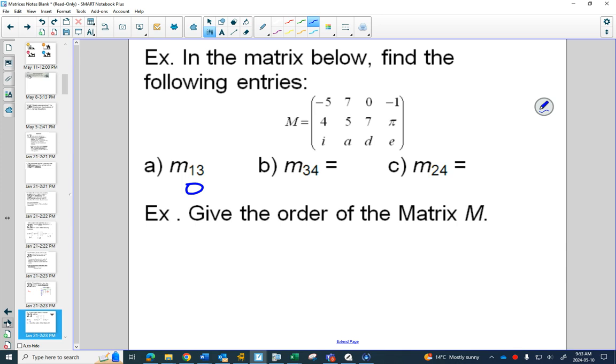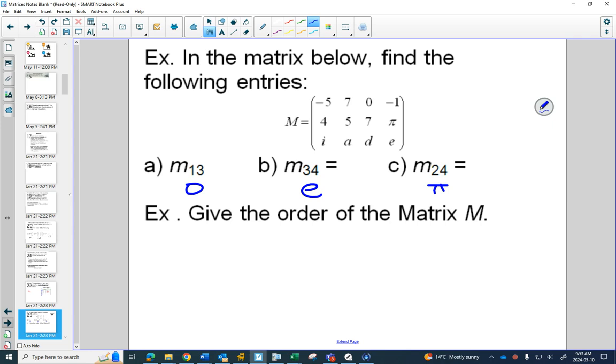The element in 3-4 is E. Now, do you think of that as a number, or do you think of it as a letter in this case? What did your brain go to? And M24, that's pi. So if you saw pi, you'd probably think of E as a number. But if you saw D, you'd probably think of E as a letter. Oh my goodness. So confusing.